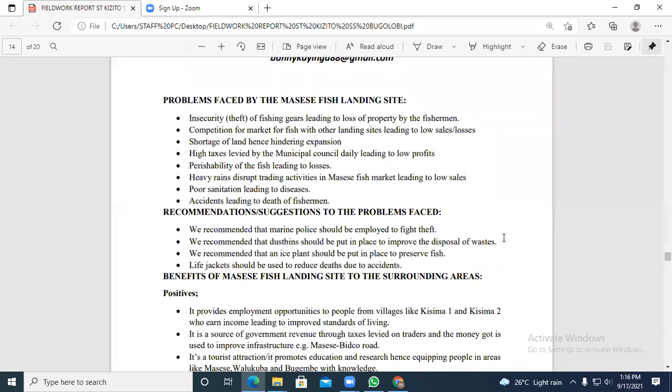Can any one of you suggest for me a recommendation that you made in your area of study where you went for your field work? We recommended that the people should dispose of their waste in proper dustbins so that there could be easy collection.